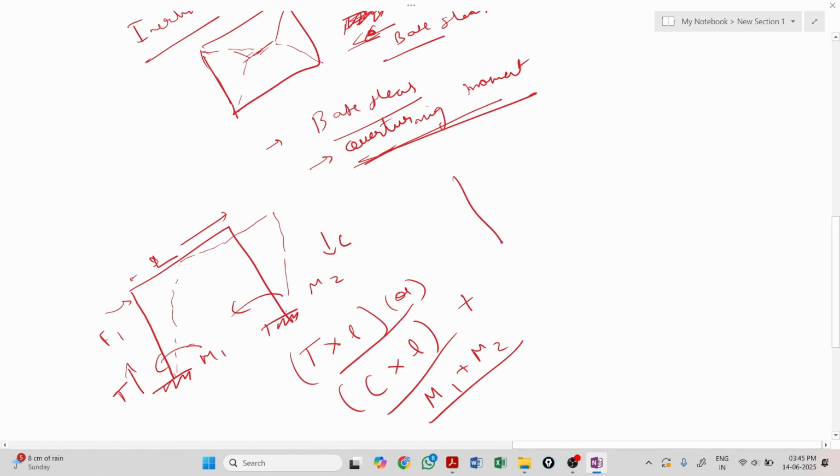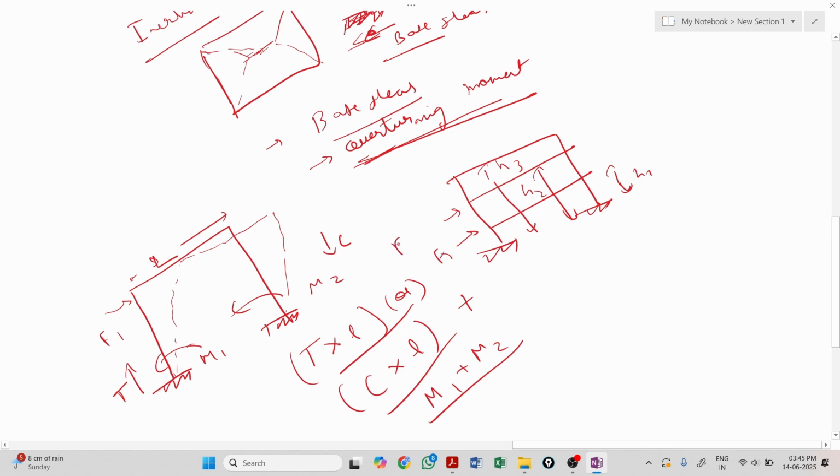Base shear, how it is normally calculated: imagine the height is around h3, and this is h2, and this is h1, and the forces are F1, F2 and F3. If you want to find base shear, that is F1 plus F2 plus F3.